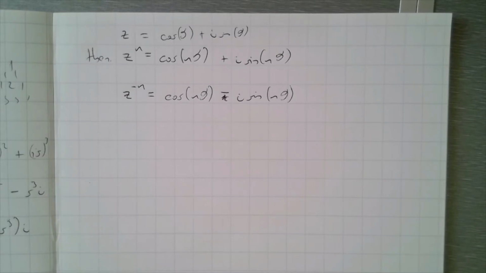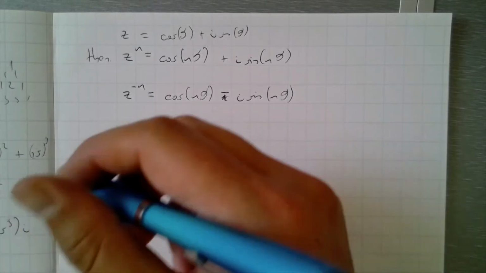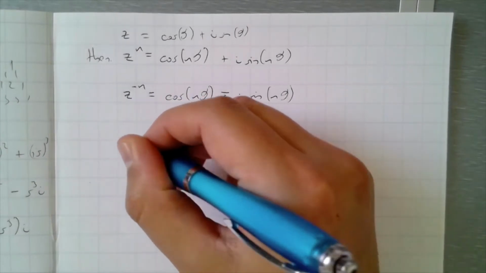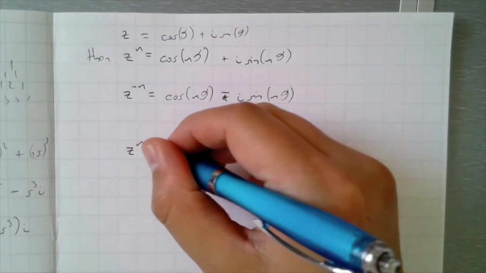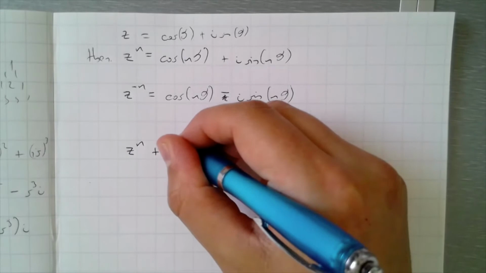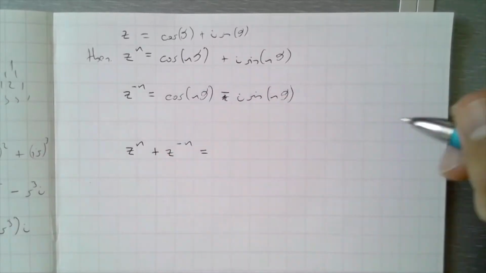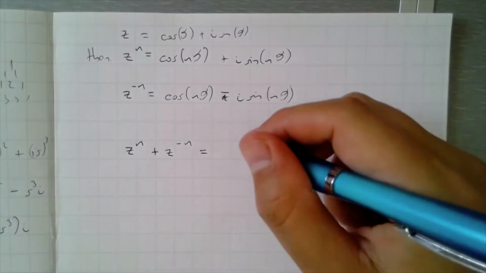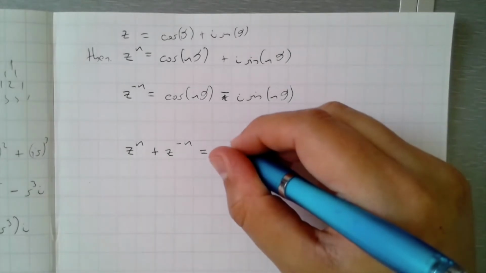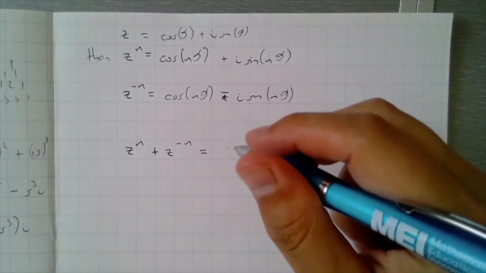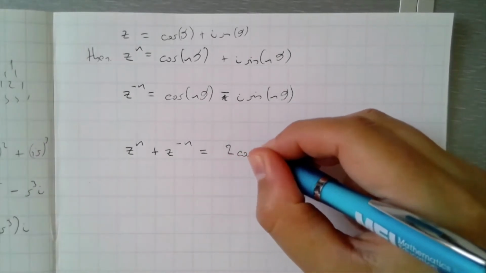So what I'd like us to have a look at next is adding these 2 expressions together. If we add these 2 expressions together, we get z to the n plus z to the minus n. And if we add the right hand sides together, we get 2 cos n theta.